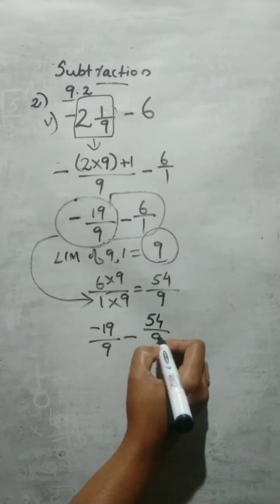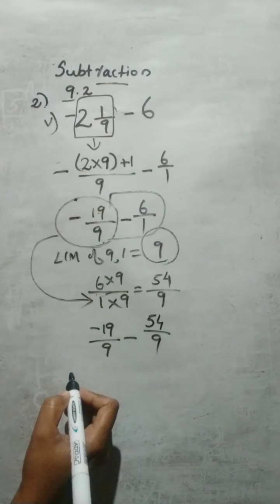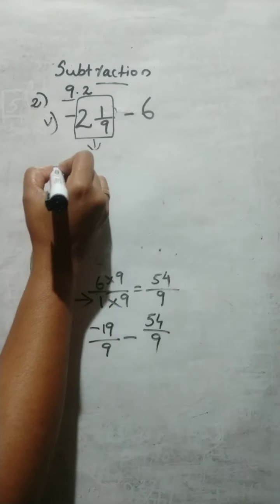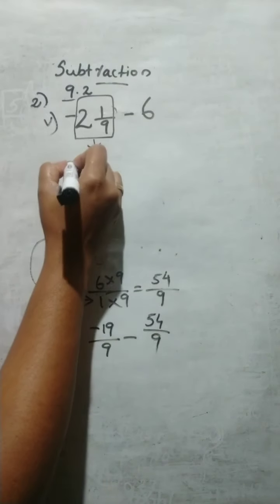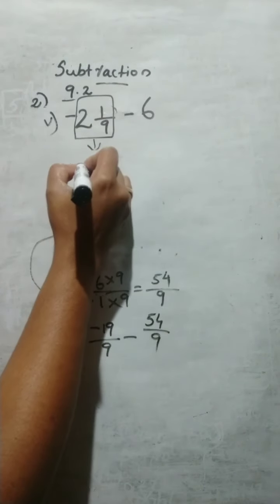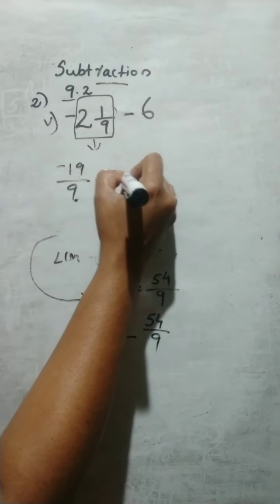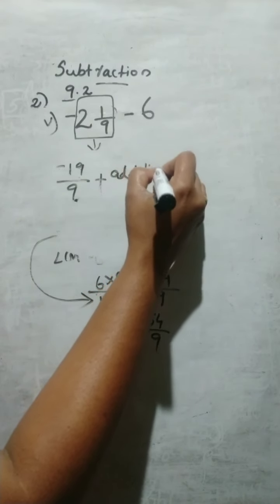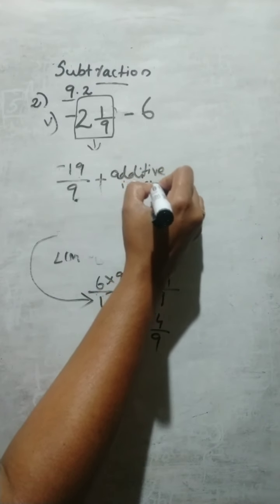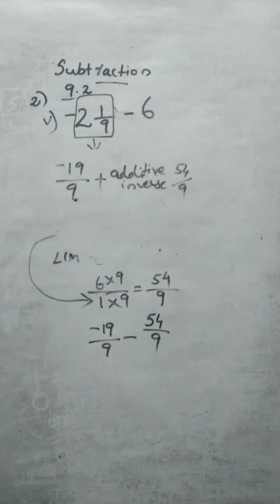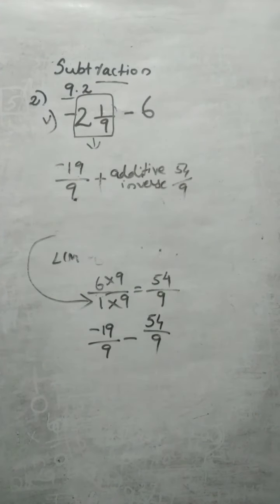54 on 9 itself. Then how can we do? We have to find the additive inverse of 54 on 9. Negative 19 by 9 plus the additive inverse of 54 on 9.